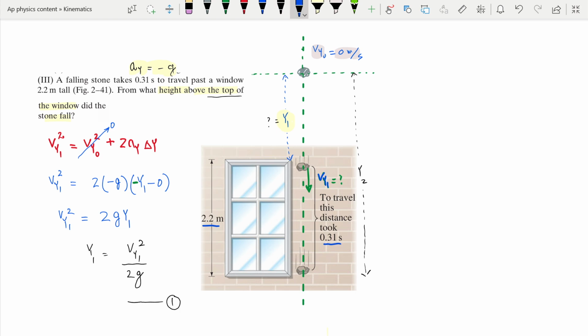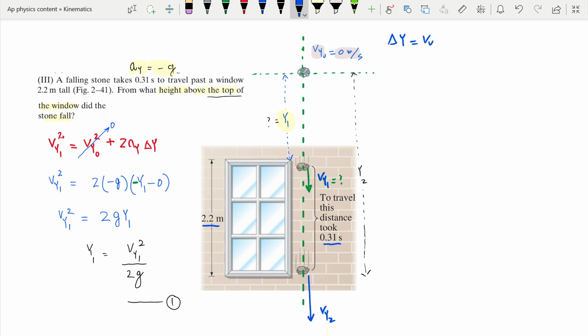Now remember that you also don't know this velocity vy2. So we will avoid this equation, because we don't know this velocity as well as that velocity. So we should use such an equation which is none other than this one, with initial velocity.